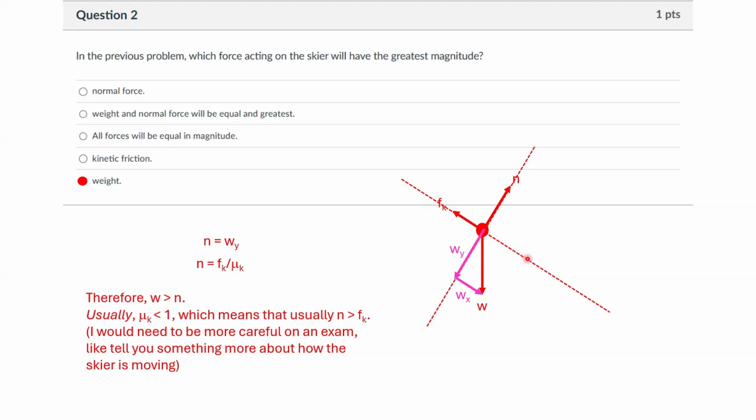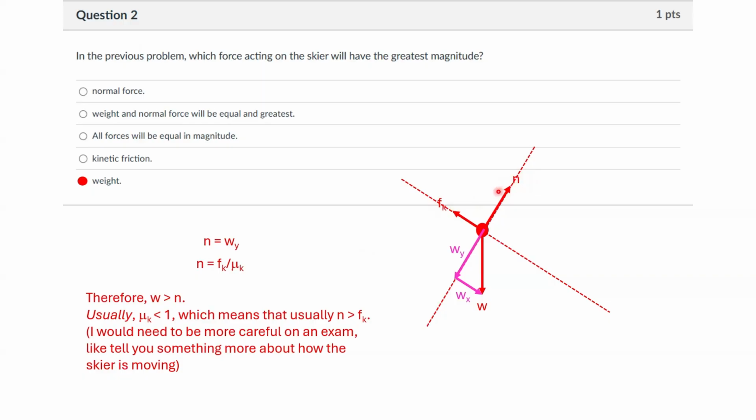Like, for example, I could have mentioned that the skier was sliding down the slope at a constant velocity or accelerating down the slope, in which case you could explicitly relate the size of the kinetic friction to the size of the x component of weight and compare it to the normal force that way. Or I could have given you the coefficient of friction, for example. But under normal circumstances, frictional force will be less than normal.